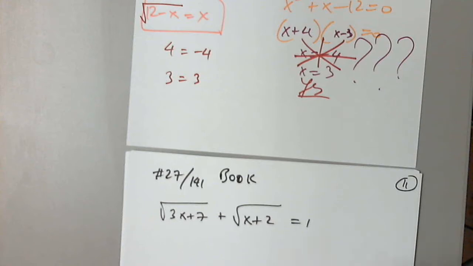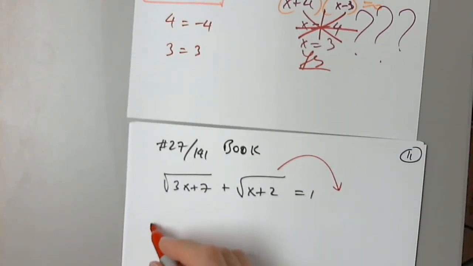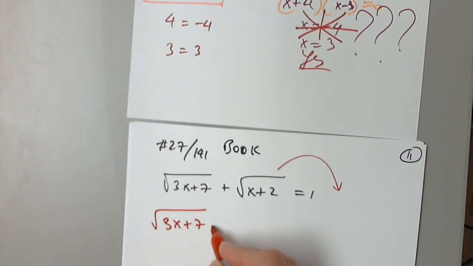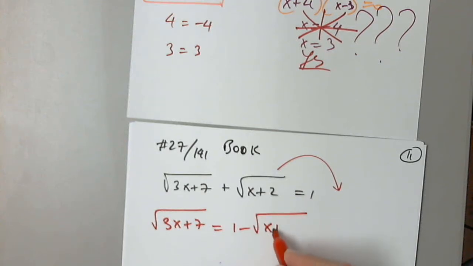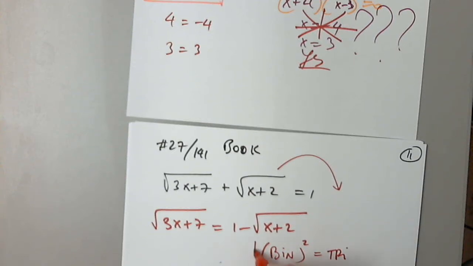So I'm going to take this radical to this side and write the square root of 3x plus 7 equals 1 minus the square root of x plus 2. I know this is a torture already, because I'm going to ask you again, a binomial squared has, very good, it's a trinomial. You will see in a moment why I'm refreshing your memory on this.